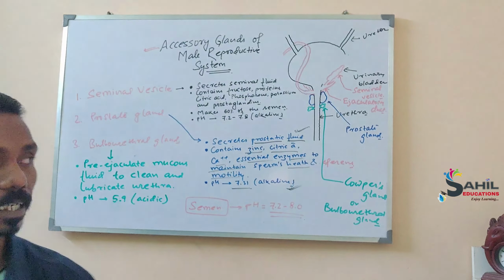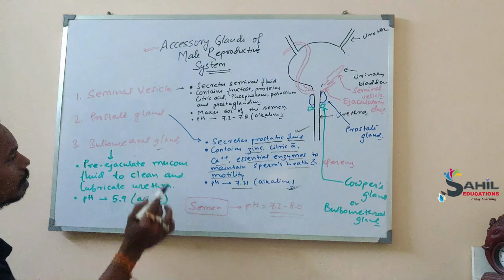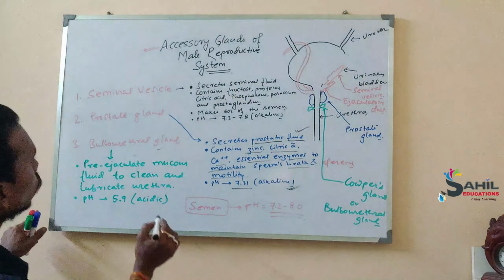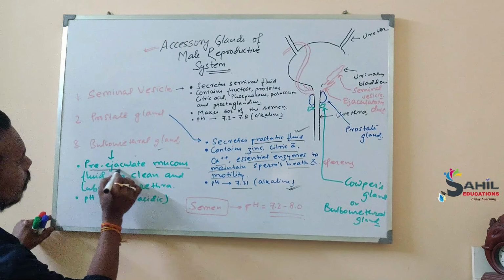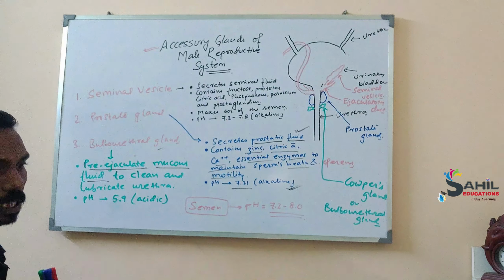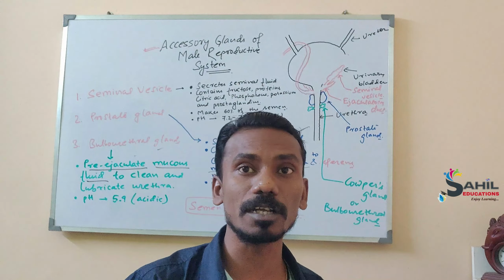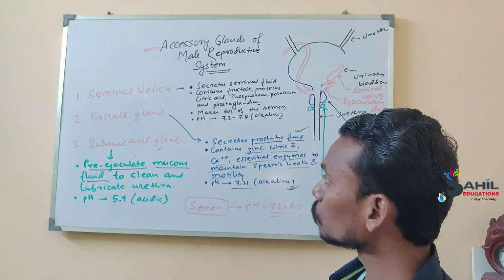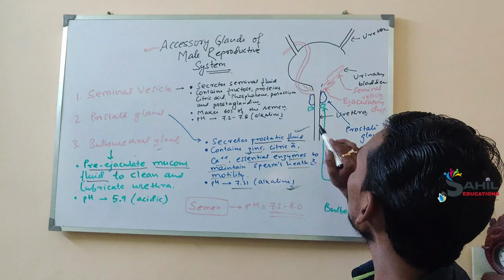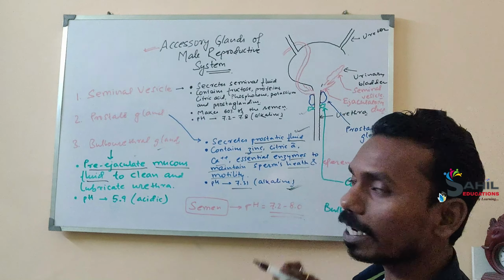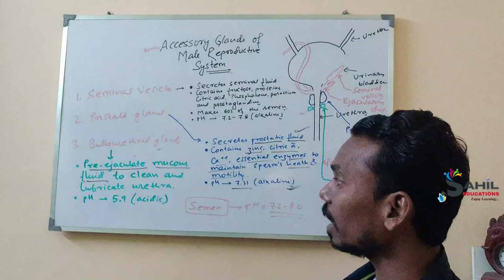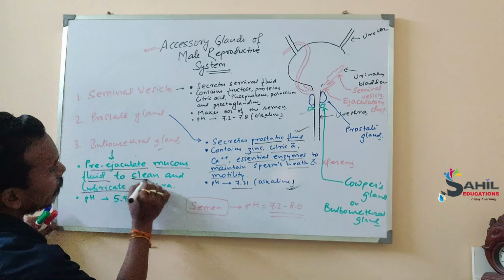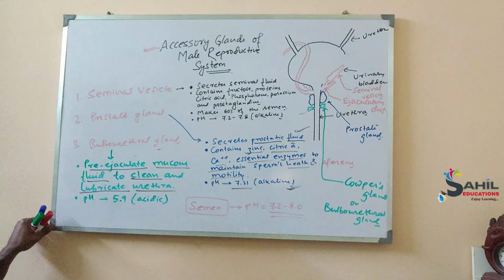Now another accessory gland's function, that is the bulbourethral gland. The bulbourethral gland produces a mucus pre-ejaculate fluid. That means before ejaculation a fluid comes out through the urethra from the bulbourethral gland, or Cowper's gland, and it lubricates and cleans the urethra.